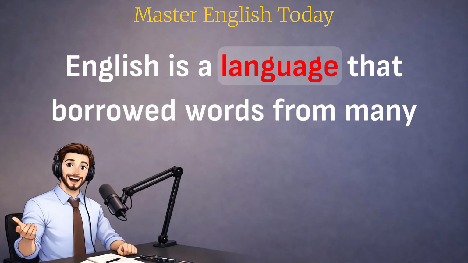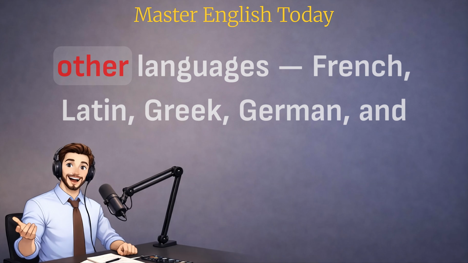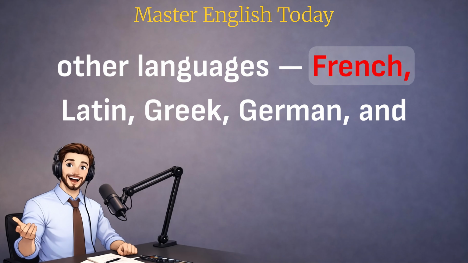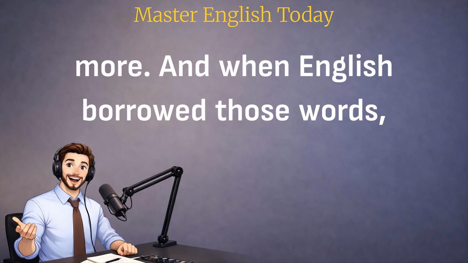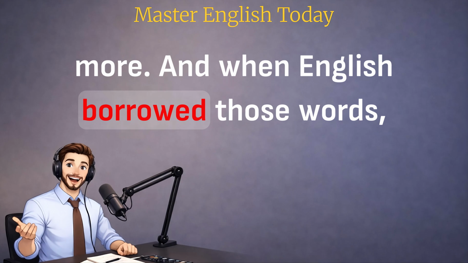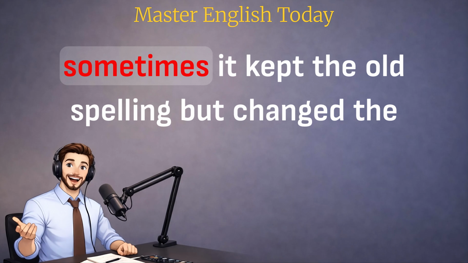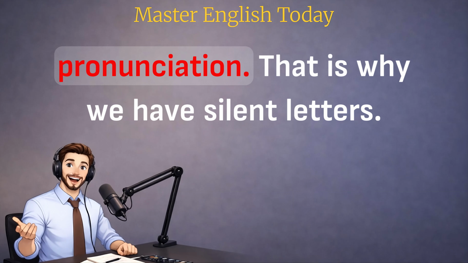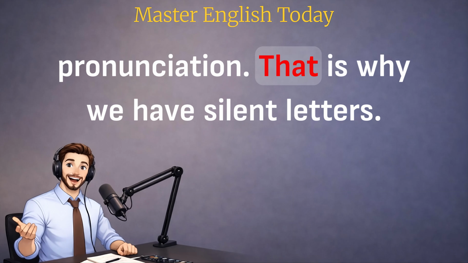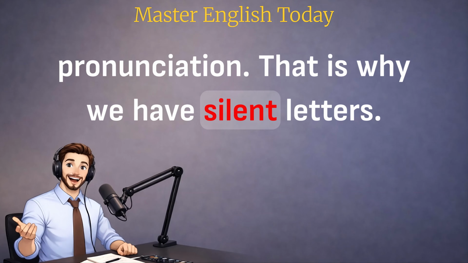English is a language that borrowed words from many other languages: French, Latin, Greek, German, and more. And when English borrowed those words, sometimes it kept the old spelling but changed the pronunciation. That is why we have silent letters.